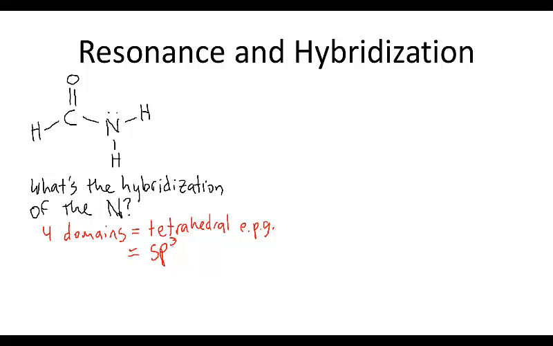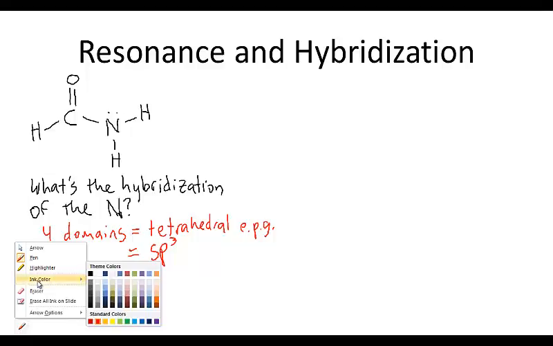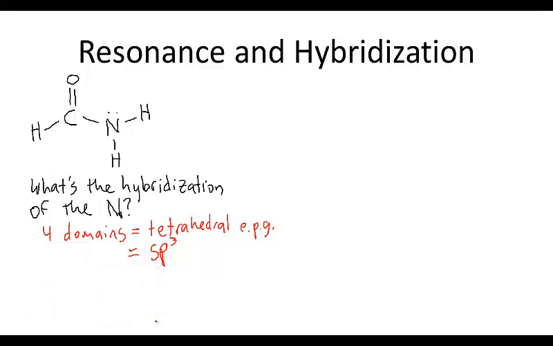This nitrogen, if it wants to take part in pi bonding, which it does, because when resonance is possible, it's a stabilizing thing. The atoms want to do it. If it wants to do that, it needs to take this lone pair and essentially keep the lone pair in a p orbital that can align with the other p orbitals. All right. So it turns out this is not the observed geometry.